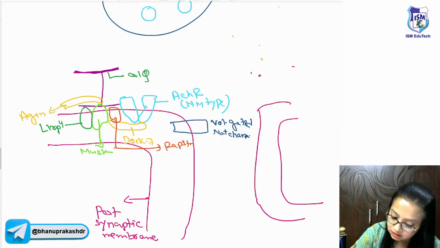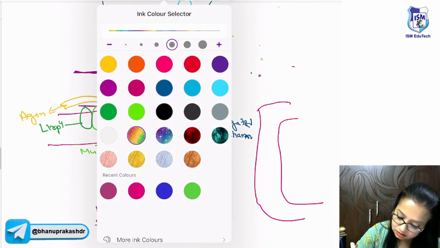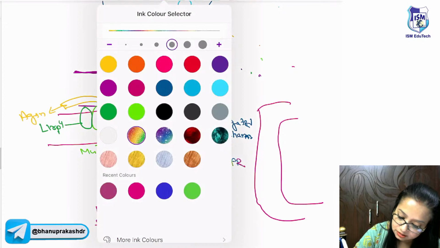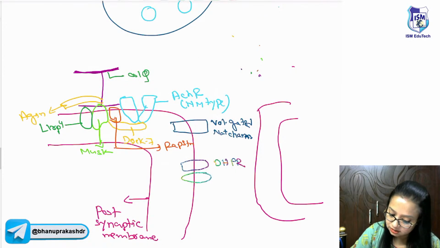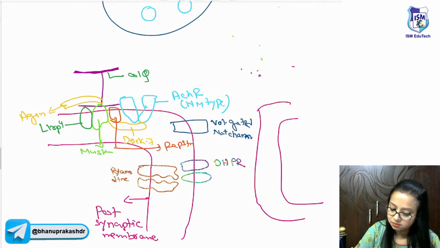Apart from the voltage gated sodium channel, there is the dihydropyridine receptor, and in physical contact with it is the ryanodine receptor.